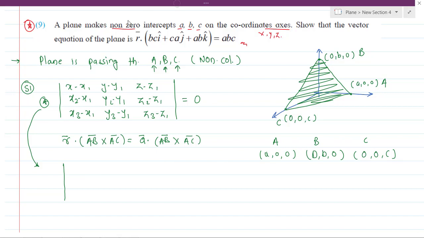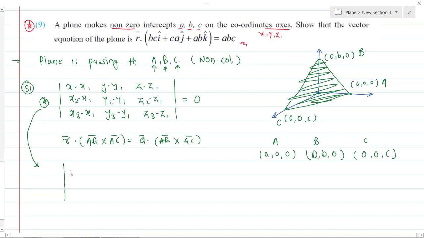Now let's substitute the values here. x minus x1 is a, y minus 0 and z minus 0. Then x2 minus x1: x2 is 0, minus x1 is a; y2 is b, minus y1 is 0; z2 is again 0, minus z1 is 0.